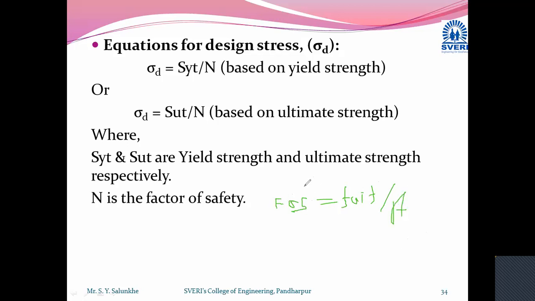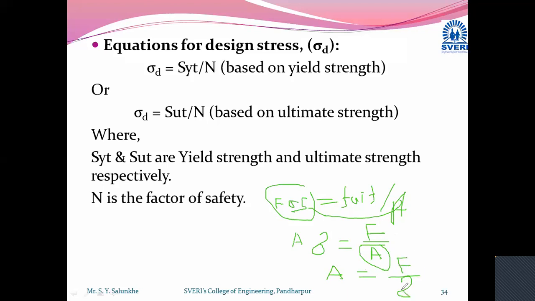So when you take this factor of safety to the other side of the equation, if you divide these failure stresses by the factor of safety, you will get the allowable stresses. And based on these allowable stresses, further you can go for calculating force divided by area, and hence we can decide this area by taking this to the other side, and we can calculate area. So which is actually what we are going to say as the design, that is, area equals force divided by sigma, that is again the allowable stress.